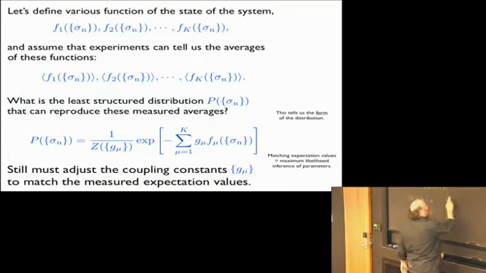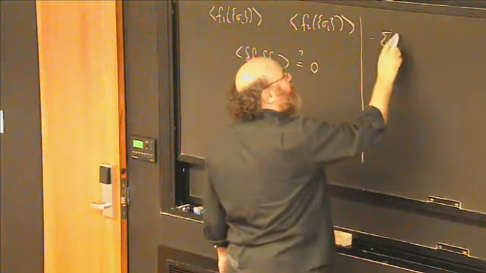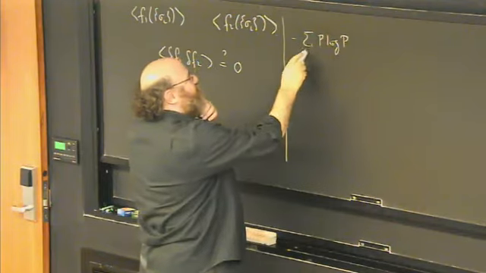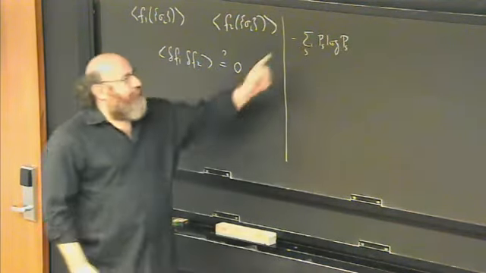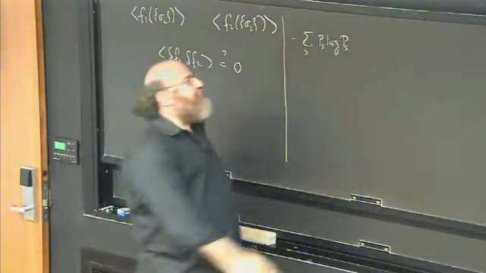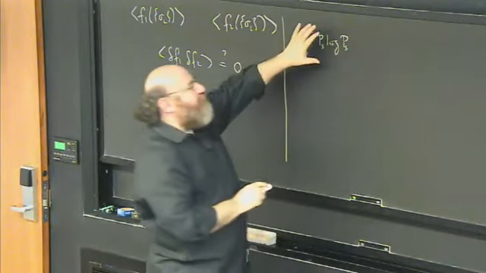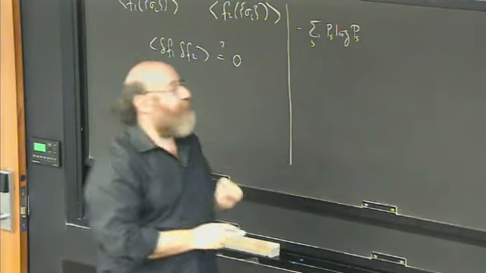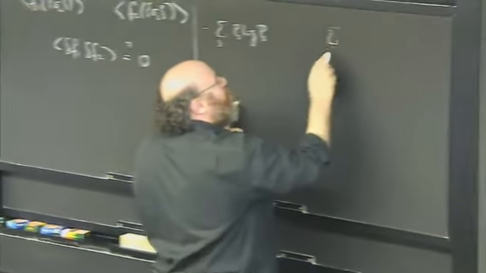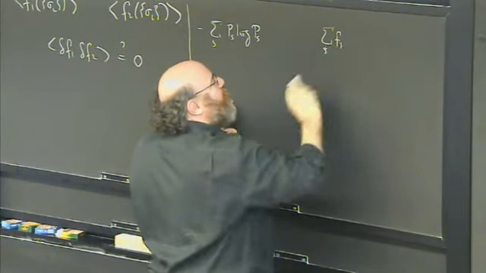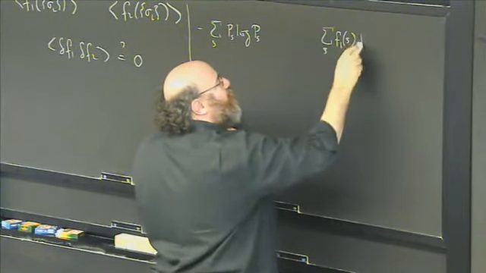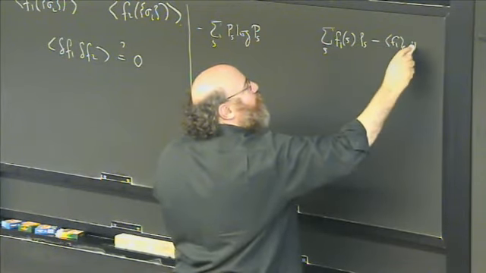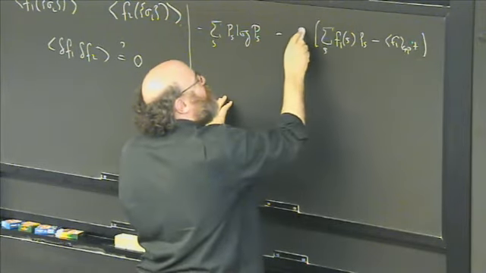So the problem we're solving is that, let's just describe these as states S, right? I have the entropy, and I want to maximize this entropy, but I want to constrain that certain expectation values come out right. So that means that I want to be sure that if I sum F1, which is a function of S, times P of S, it comes out to equal F1 from experiment. And so I do that with a Lagrange multiplier.